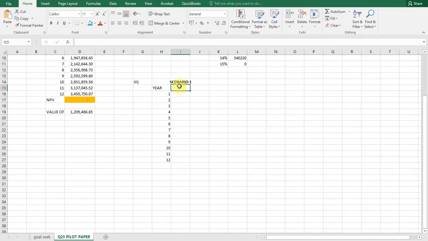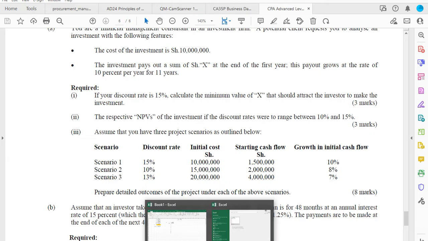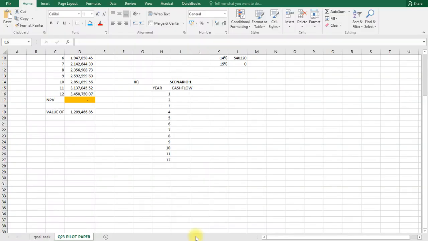We have the cash flow. And for the cash flow here, we are told we are starting our cash flow with scenario 1. The discount rate is 15, the initial is 10, the starting cash flow is 1.5, and the growth in initial is 10. It's like the previous question that we had. So we are starting here with 1.5.